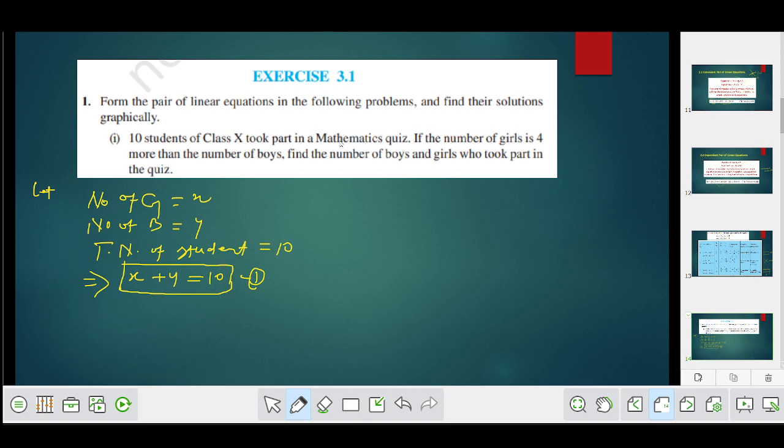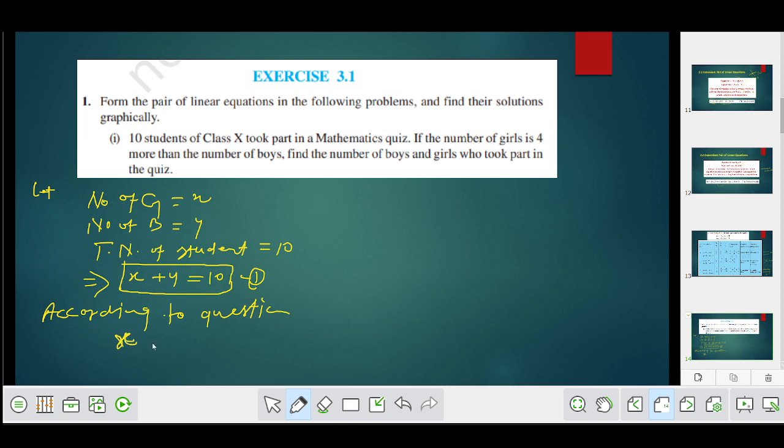Now, according to the question, the number of girls is 4 more than the number of boys. The number of girls is taken as x.